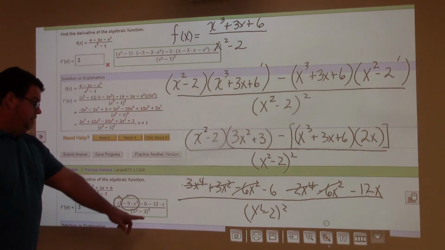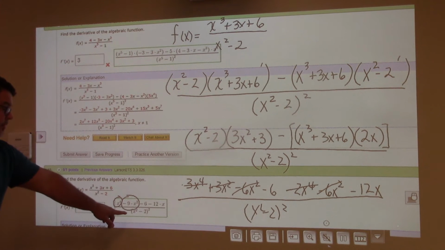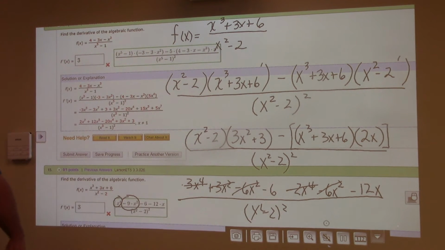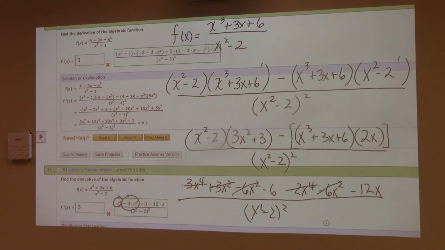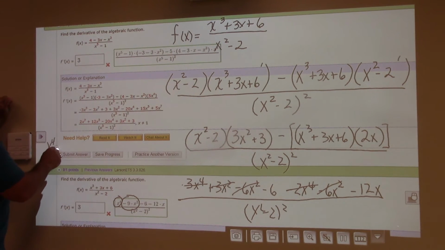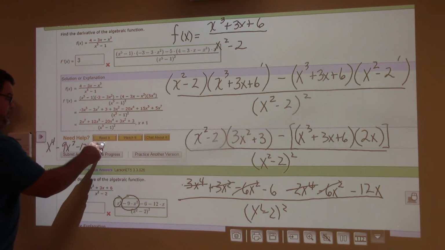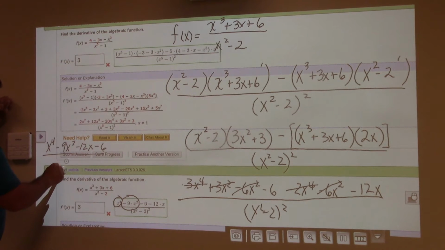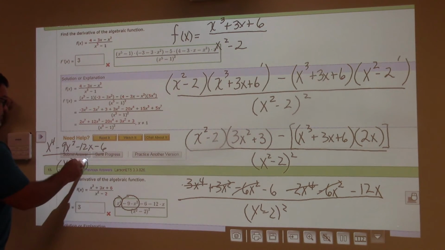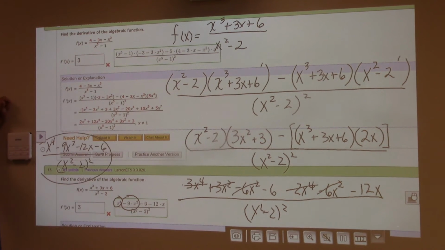Negative 12x minus 6 over x squared minus 2 quantity squared. If we type in negative 12x minus 6, will they count it wrong, or will it recognize that that's the same thing? What I would type in is x to the fourth minus 9x squared minus 12x minus 6 over x squared minus 2 quantity squared. That's the answer I'll accept.